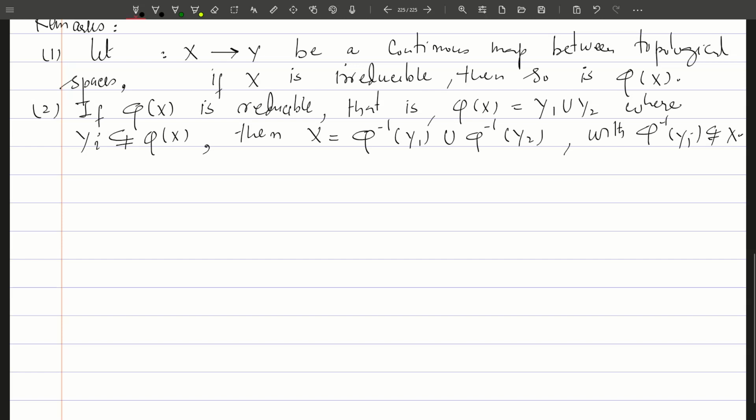Now we want to show that if X and Y are affine varieties, then so is their product. So for this we need to prove the following topological statement. We have this lemma, and this lemma will be used to prove that the product of two affine varieties is also an affine variety.